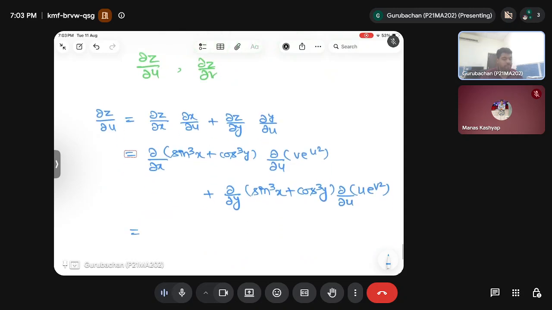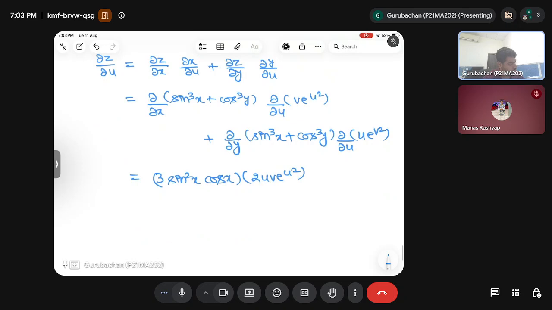Now differentiate with respect to x. So this will be 3 times sine square of x into cos x. The other part will be 2 times of uv e to the power u square. Next one is 3 times cos square of y into minus of sin y, and this will be e to the power v square.